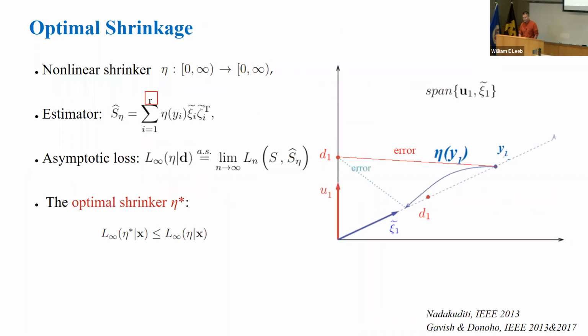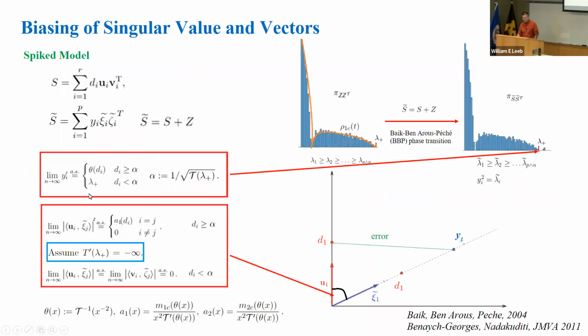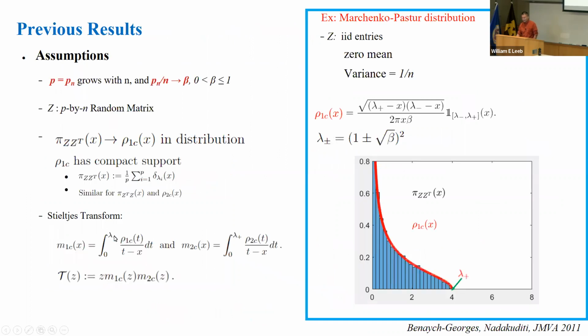Because remember that all these values can be decided by the D transform and the T transform, which are calculated by the integral of rho 1c and rho 2c, the noise-only data distributions of the eigenvalues.